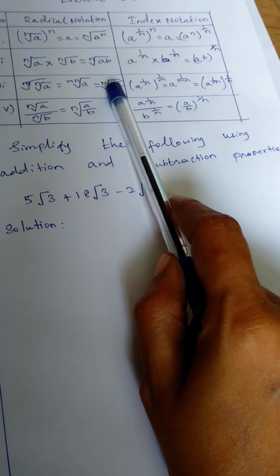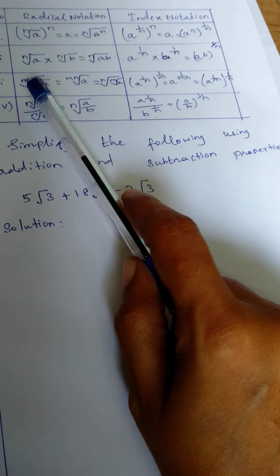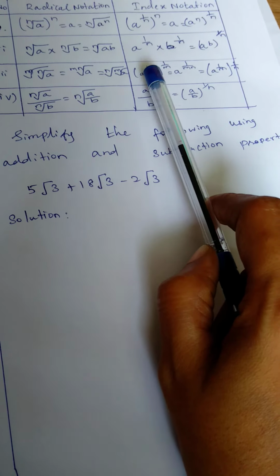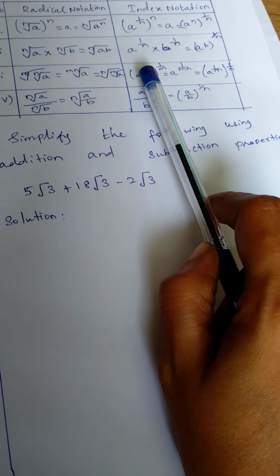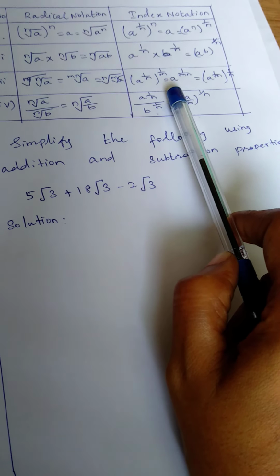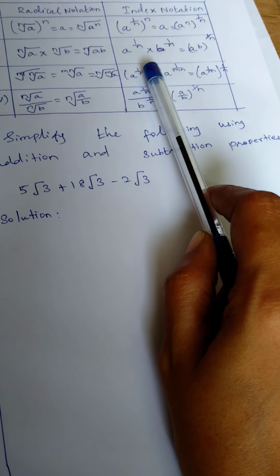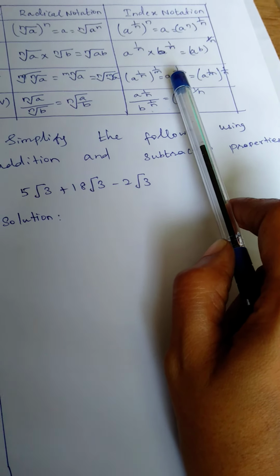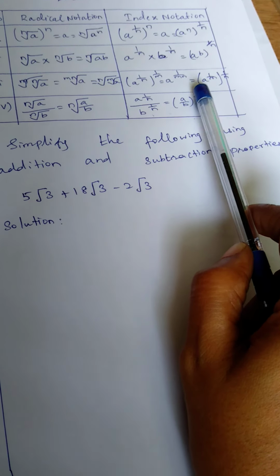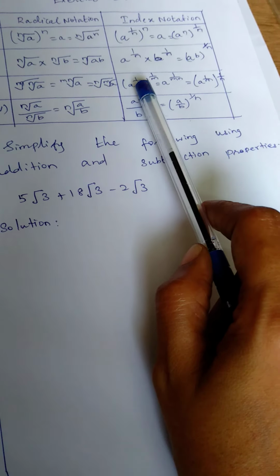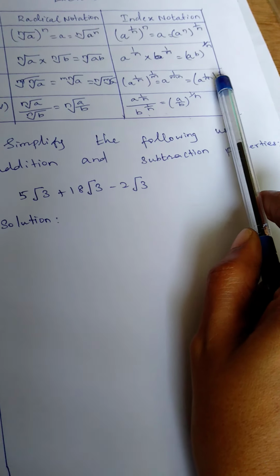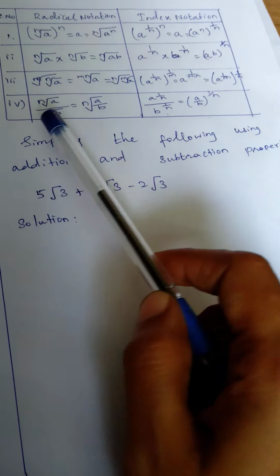If you interchange the m and n values, we will have the same answer. Here see, a power 1 by n into 1 by m. In powers we are able to multiply, so a power 1 by m into n. We are interchanging 1 by m and 1 by n here, that's all.